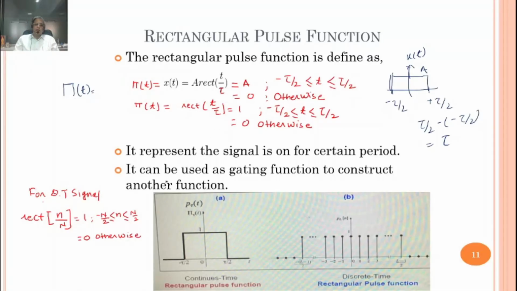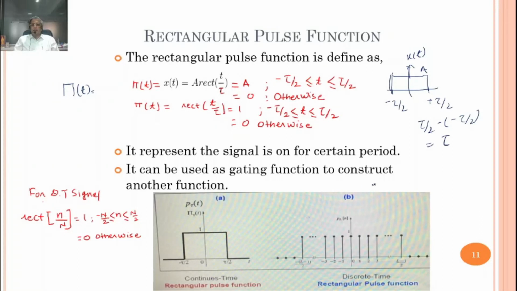This signal is also represented as the discrete rectangular function RECT of n, where n is the discrete interval of time 0, 1, 2, 3, 4, and capital N is the duration of that sequence.